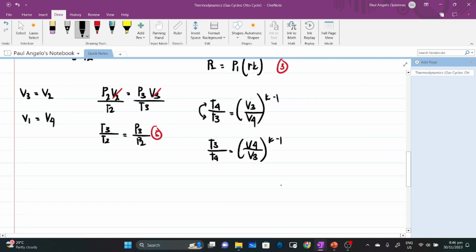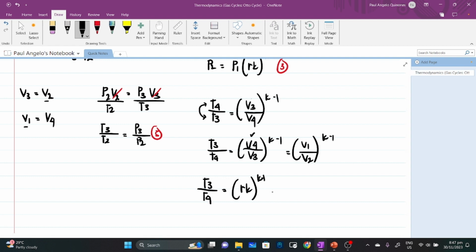But we've said V4 is equal to V sub 1. So I can rewrite this one as V sub 1 over V sub 2 raised to K minus 1, leaving us with T3 over T4 is equal to V1 over V2, that is your RK, raised to K minus 1.